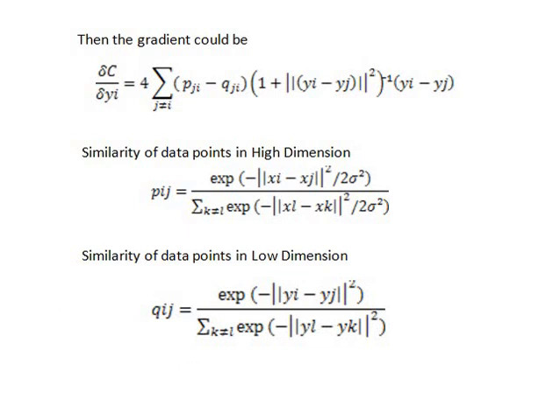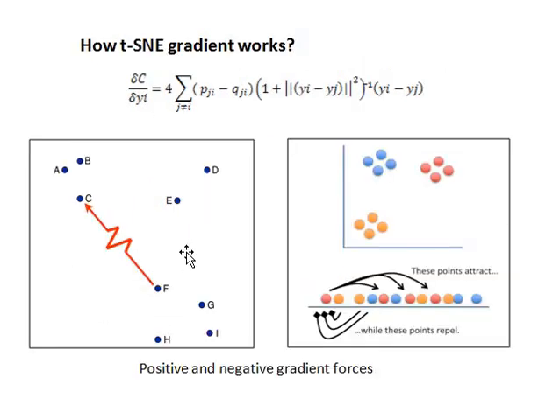So how does the gradient function apply to each data point? The gradient function tries to preserve the distance between the two data points. When two data points are nearby to each other in the high dimension, but widely separated in the low dimension, then the gradient function tries to minimize the distance between them and make them nearby to each other like this.